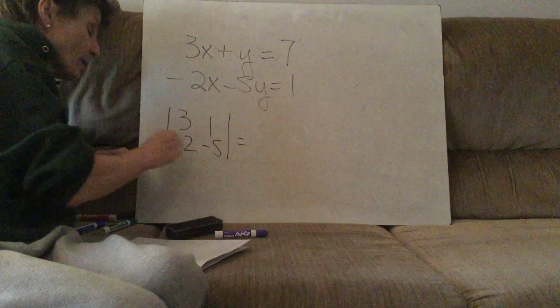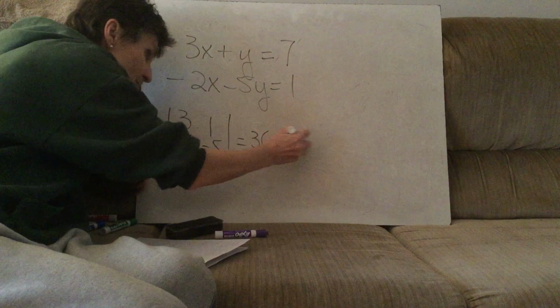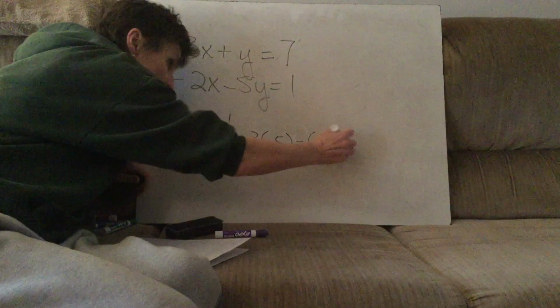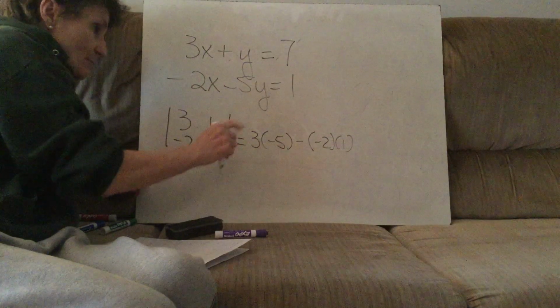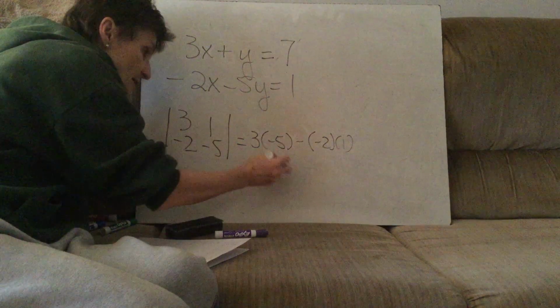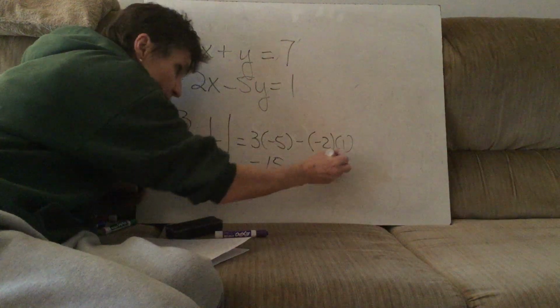Evaluating a 2 by 2 determinant, we know that means 3 times negative 5 minus negative 2 times 1. So negative 15 minus negative 2 gives me negative 13.